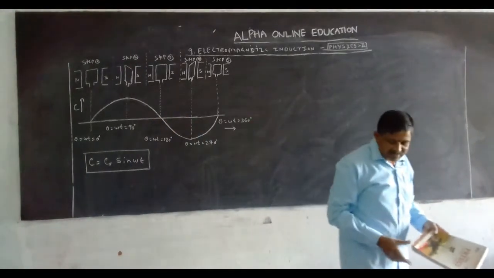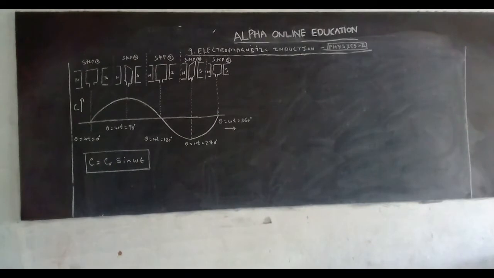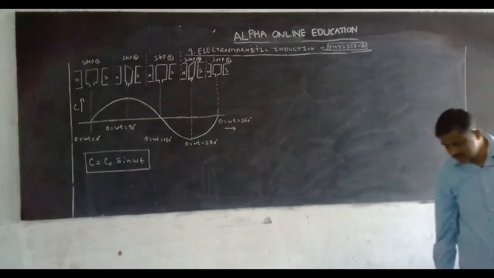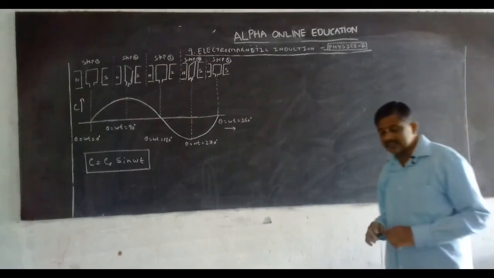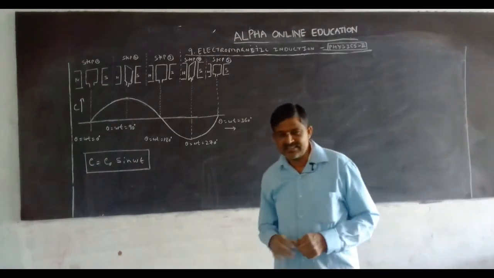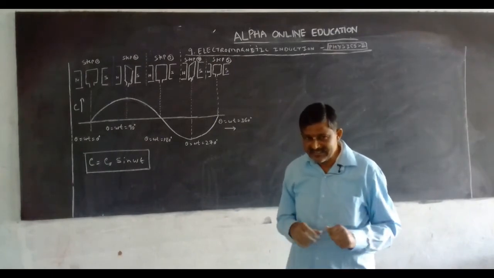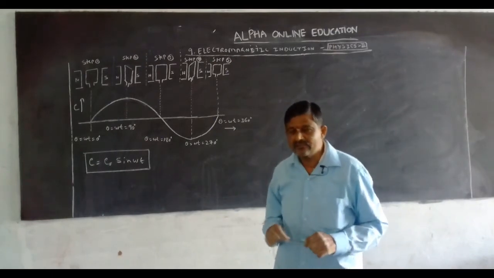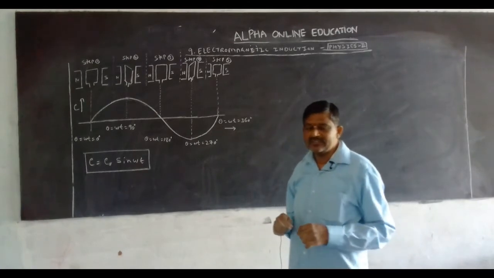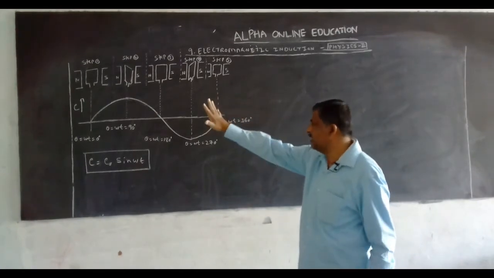So in an AC generator, the coil rotates in the uniform magnetic field, and the association of magnetic flux varies from 0 to 90 degrees, 90 to 180, 180 to 270, 270 to 360. How many steps have we taken? 5 steps.